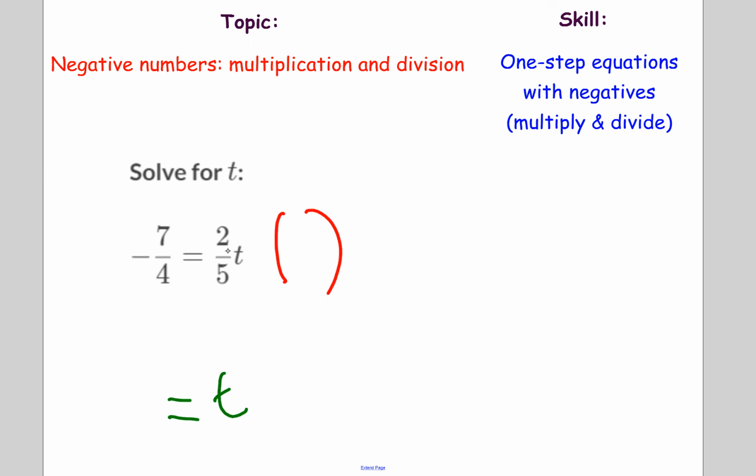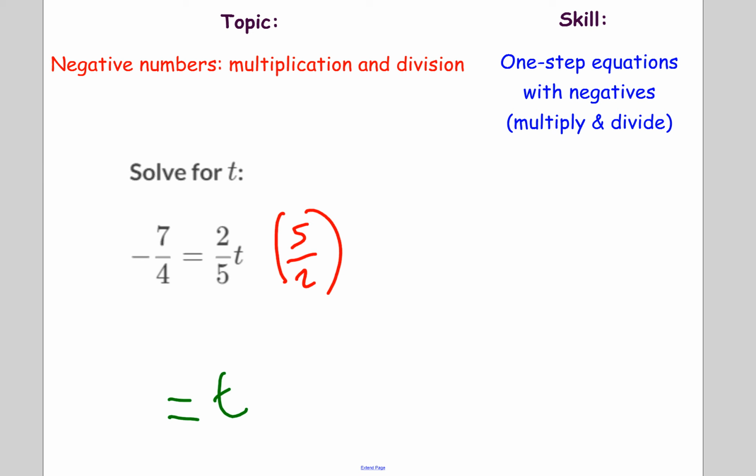So for example, 2/5, its reciprocal is 5 over 2. Just to show you on the side here, 2 times 5 is 10. 5 times 2 is 10. And 10 over 10 is equal to 1, or 1t, right? So that basically accomplished our goal, that we were able to get 1t.